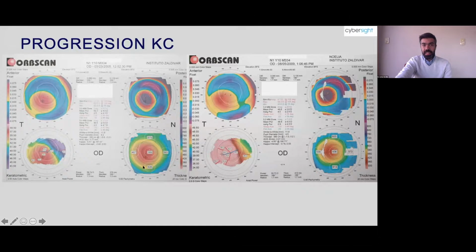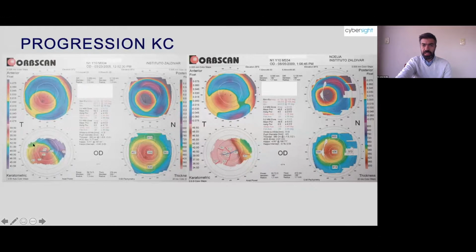Then another case of progression. I was looking for very big cases with a lot of evidence. So you can see this patient. We saw them in 2005 with this small cone. The pachymetry was low, but we indicated cross-linking at that moment.